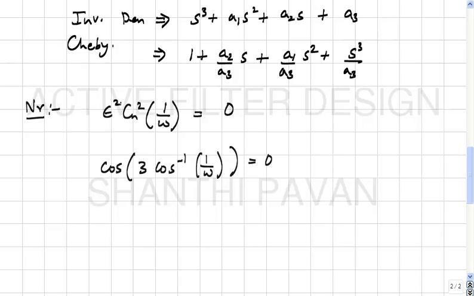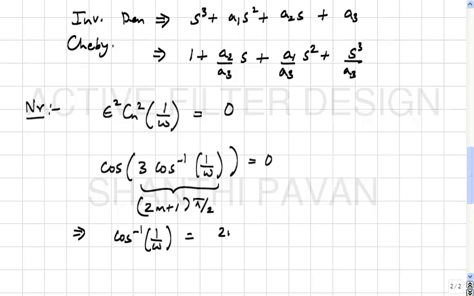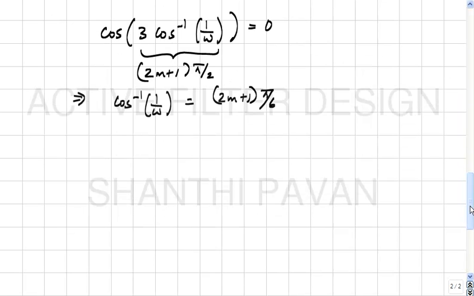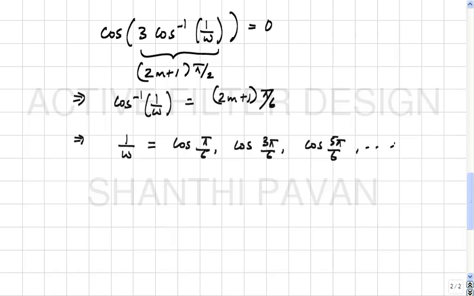Setting it to 0, which means that cos of 3 cos inverse 1 by omega is 0, the argument must be of the form 2m plus 1 into pi by 2, which means that cos inverse 1 by omega must be of the form 2m plus 1 into pi by 6, which means 1 by omega is cos of pi by 6, cos 3 pi by 6, cos 5 pi by 6, etc.